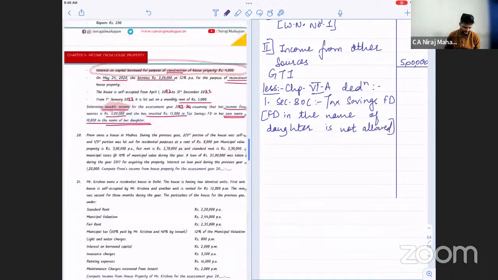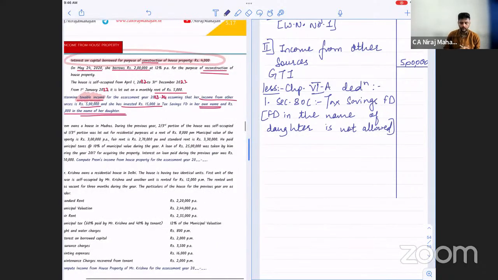How much will we allow? Only in her own name, 15,000, 1,500. Okay, till here, all of you. And that is your net taxable income. Remember?